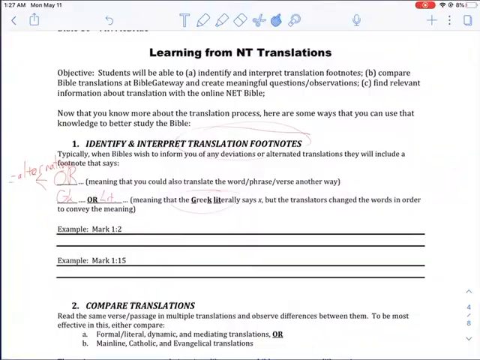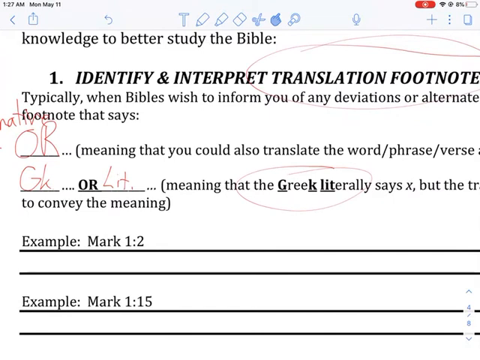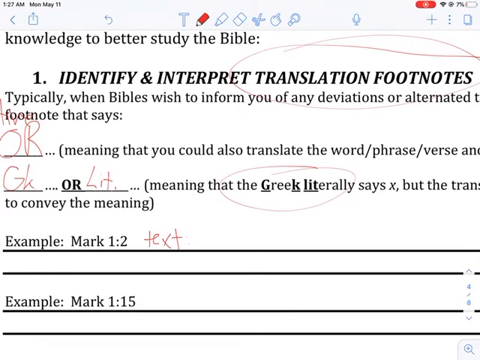So this would be an example where the text says, I am sending my messenger ahead of you. But the footnote tells us it literally is, I am sending my messenger before your face. And so this is how we can mark this and reflect on it, whether or not it's significant and why.